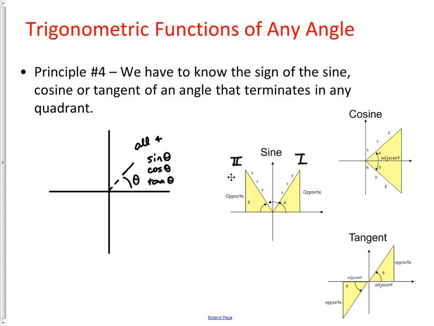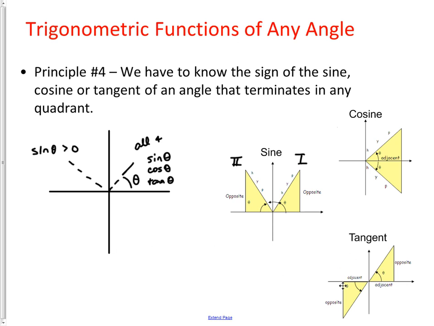But in the second quadrant, only sine, and therefore, by the way, cosecant, would be positive. So only sine of an angle that terminates in the second quadrant is positive. All the rest of them are negative. We saw in our example that it was positive for sine, but negative for cosine and tangent.